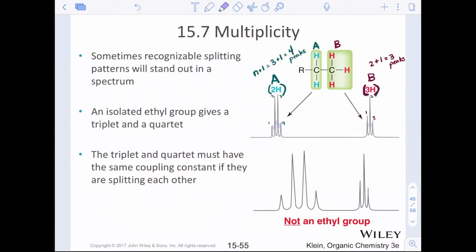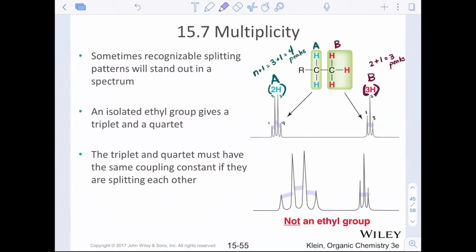Now, what's really important to note here, simple splitting, notice the distance between these peaks is the same as the distance between the other set of peaks. This splitting pattern, not only do the peaks match up to the N+1 rule for being the correct number of neighbors, but the distance between those split peaks is also the same. This set distance is not the same as this distance. So these two signals are not neighboring each other.